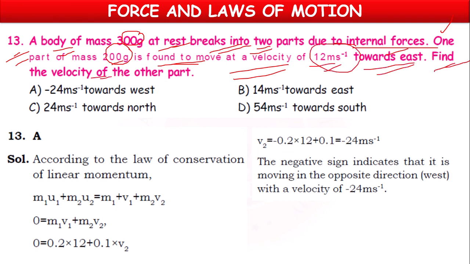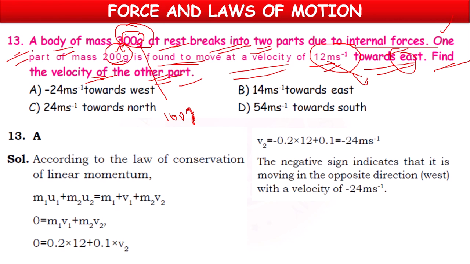Find the velocity of the other part. Out of 300 grams mass, if one part mass is 200 grams, then the other part mass will be 100 grams.